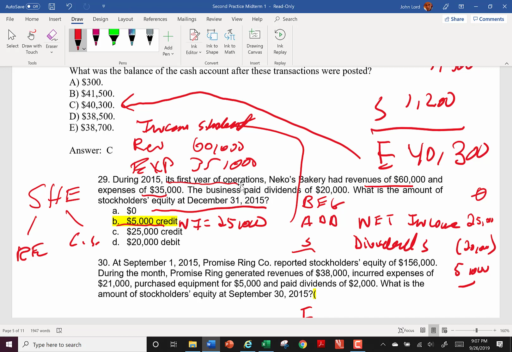And so now I can go ahead and do my closing entries. I have to close my revenue. I have to close my expense. I have to close my dividend, don't I? Okay. So what happens when I go to close my revenue? I'm going to debit revenue for 60,000 and credit income summary, right?